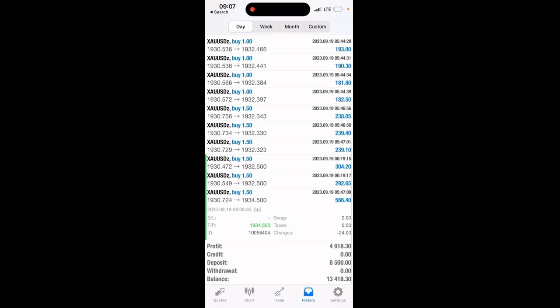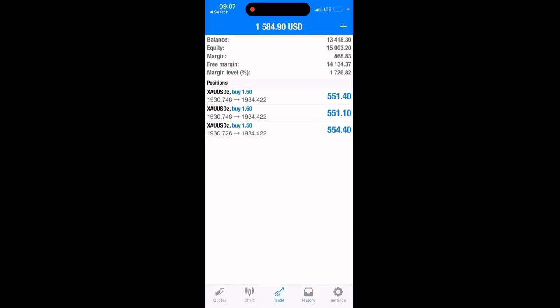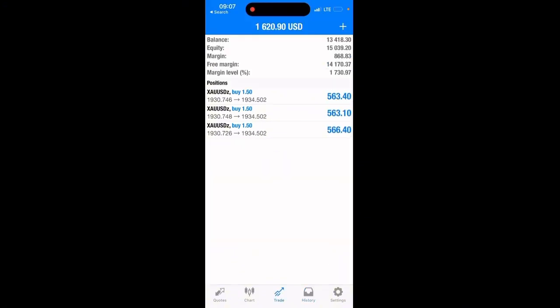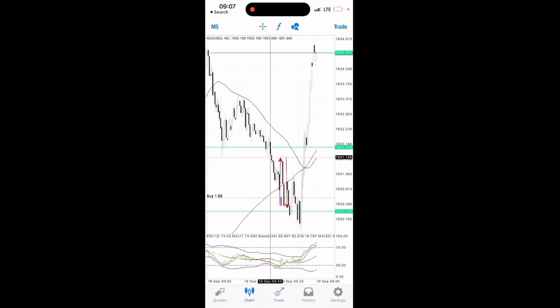We have bagged 4,900 and are running 1,600, so that is 6,500. We are up $6,500 right now. So let's go and update them on our Telegram channel.